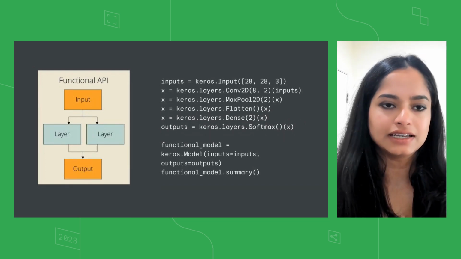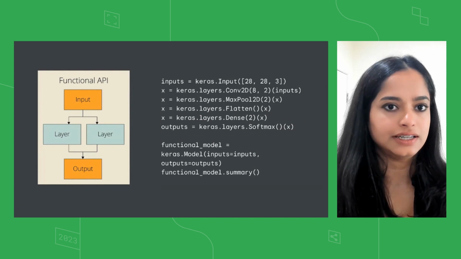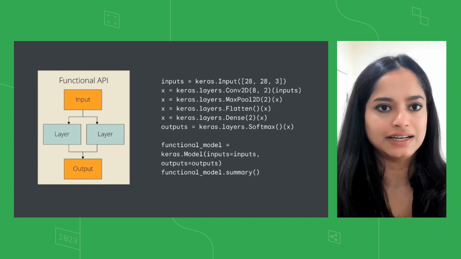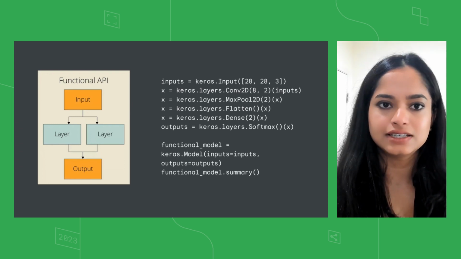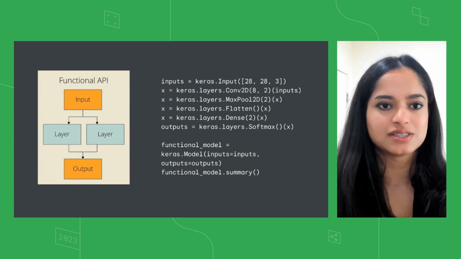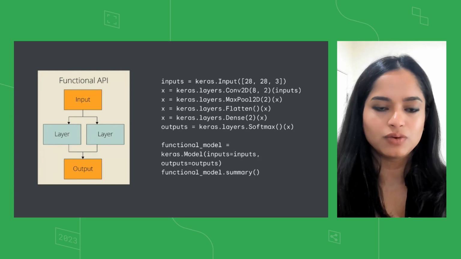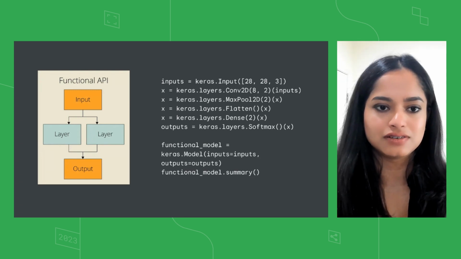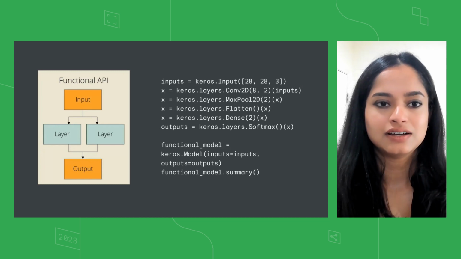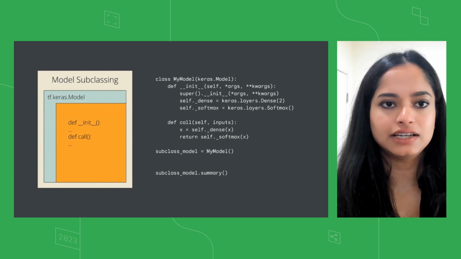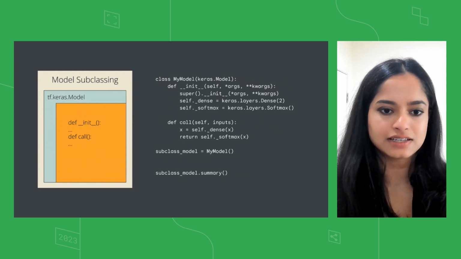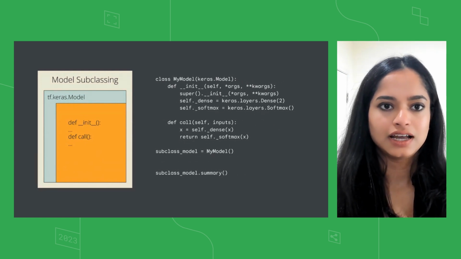It can handle models with nonlinear topology, shared layers, or even multiple inputs and multiple outputs. The main idea is that a deep learning model is usually a directed acyclic graph of layers. So the Functional API is a way to build graphs of layers. For more flexibility, you can write your custom model by subclassing keras.Model. And if you're familiar with Torch, this is very similar.